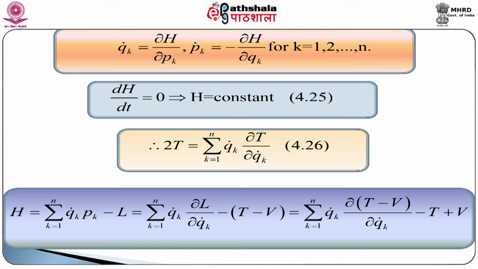and for a holonomic dynamical system, Lagrangian L is equal to the difference between the kinetic energy and potential energy.